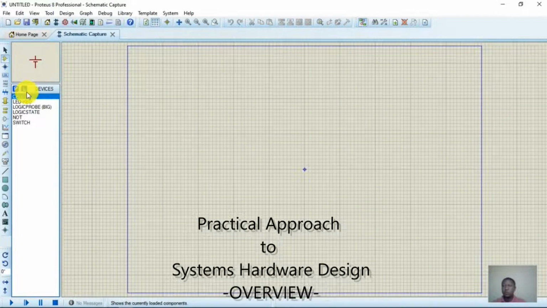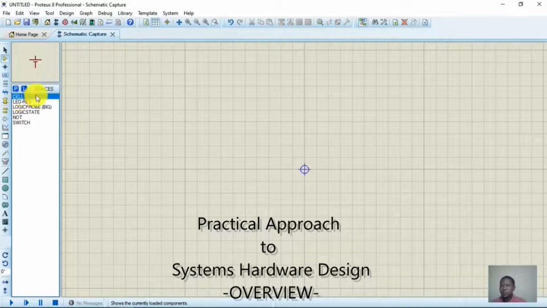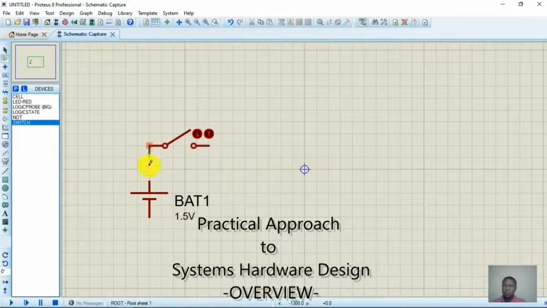So let's start with the electrical wiring diagram. I'll pick the battery. Switch. I'll close the switch because it's not the main switch.